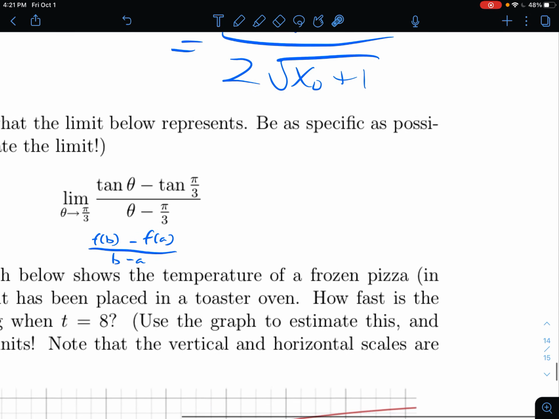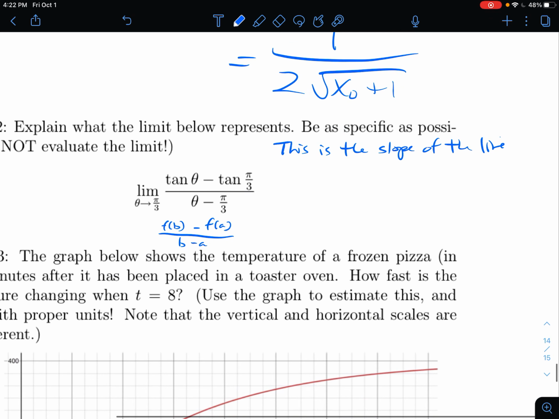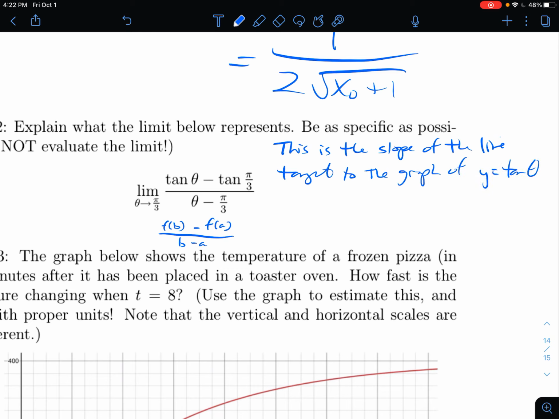So one interpretation here is this is the slope of the line tangent to the graph of y equals tangent theta.